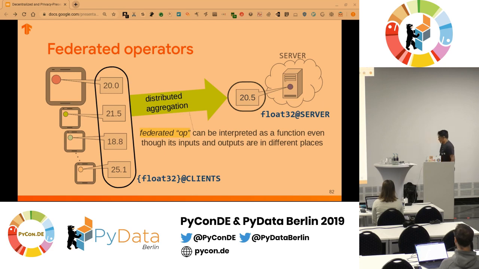So yeah, federated op is essentially one function call that represents whatever happens in a federated computation where the inputs are distributed across multiple clients and the output is on a server, right?